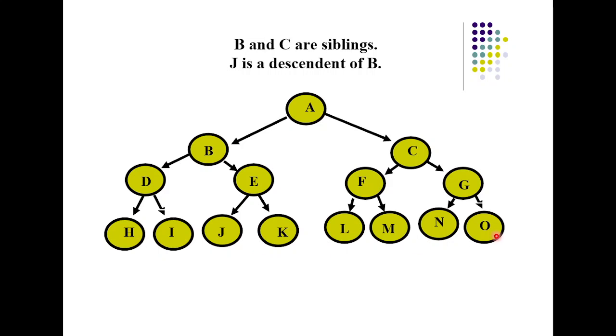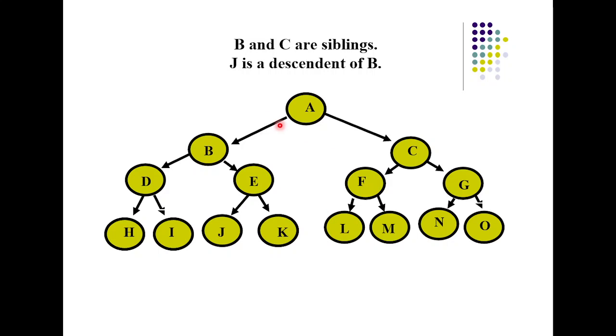All these nodes present at the last level don't have any further child, so we call these nodes leaf nodes. Here J and K are called descendants of node B, because they are the grandchildren of node B. Similarly, H and I are also descendants of node B, because they are also grandchildren of node B.